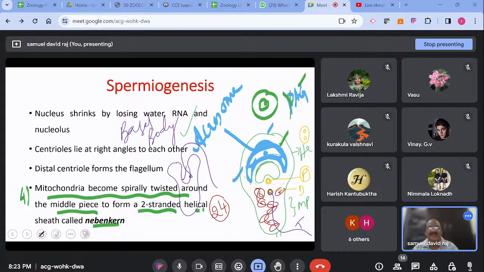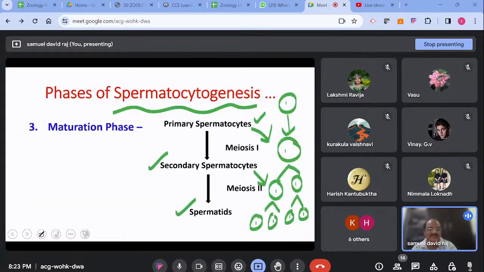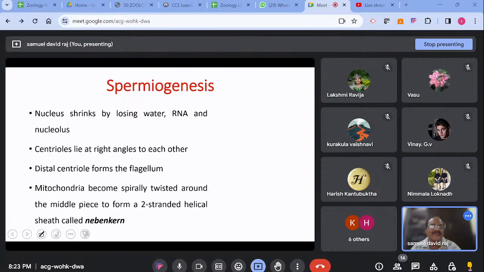tail. Thus, the spermatid differentiates to form a spermatozoon with a head region having an acrosome and a nucleus, and a middle piece where the mitochondria are spirally twisted, and a long tail which is derived from the distal centriole.